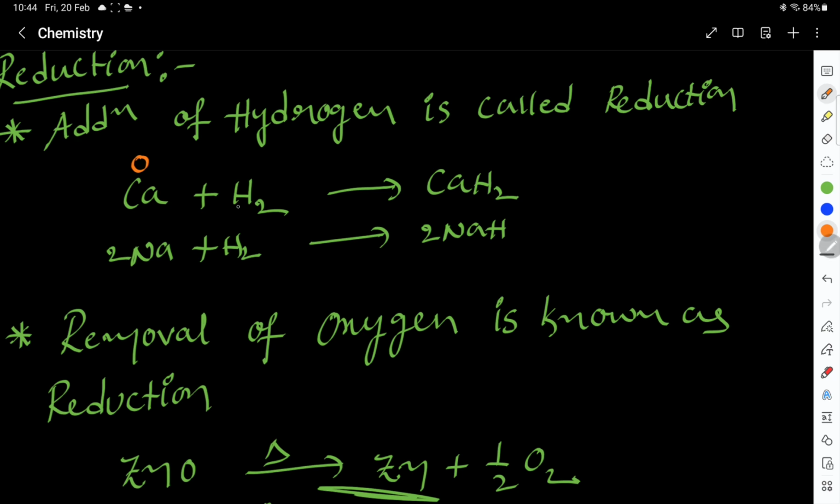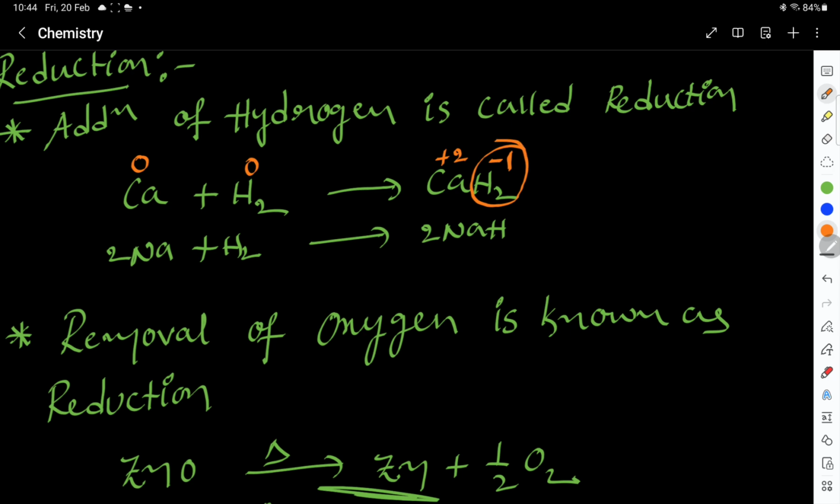And if I add hydrogen to this one, what happened exactly? Hydrogen is added, therefore it should be a reduction process. Its oxidation state is also 0. This oxidation state is +2 and this oxidation state is -1.